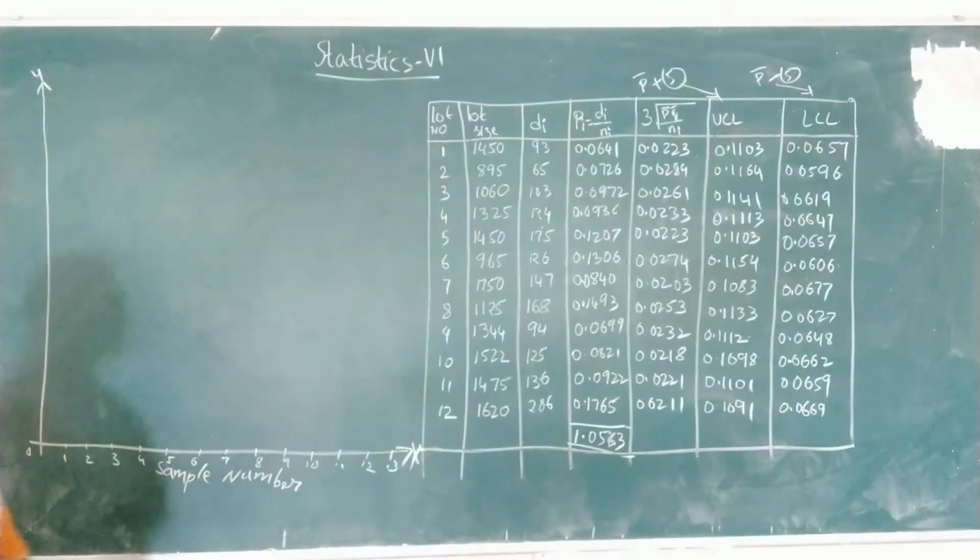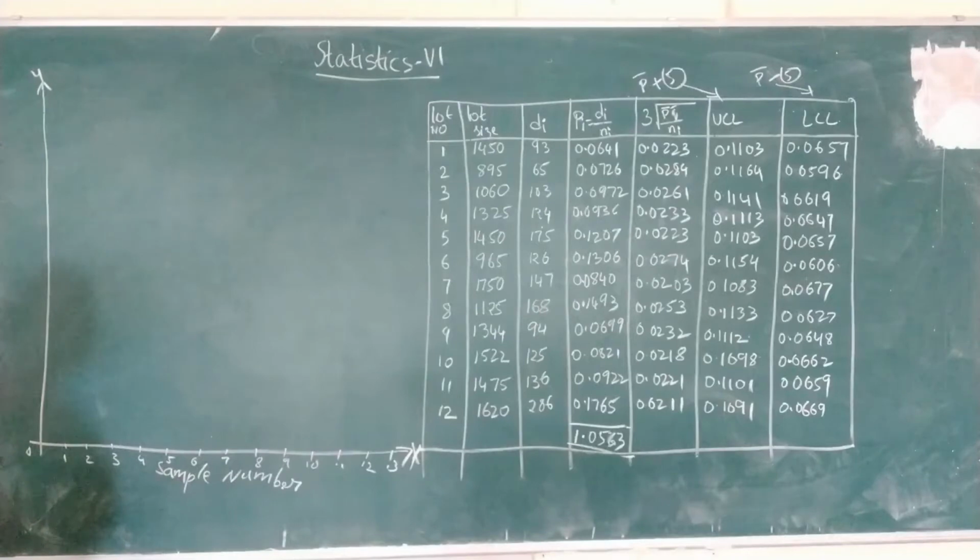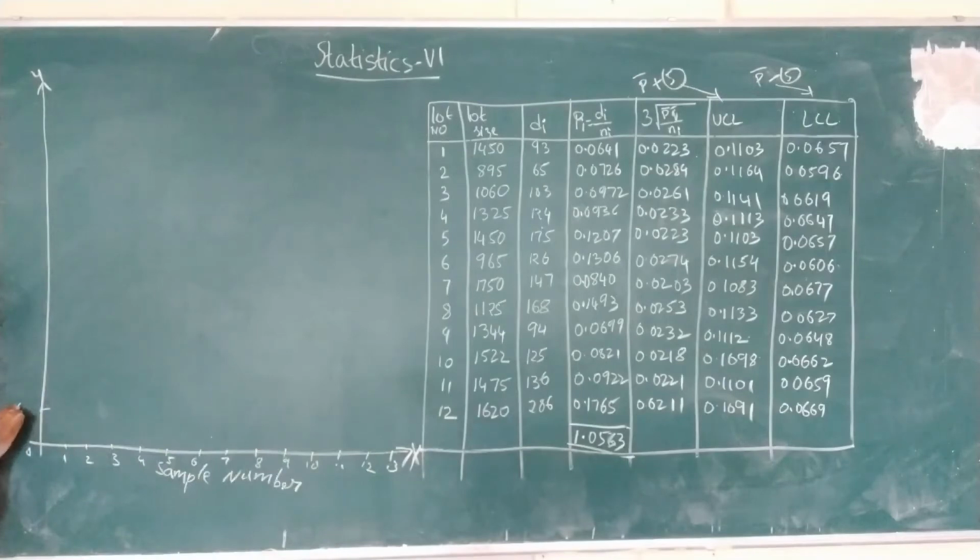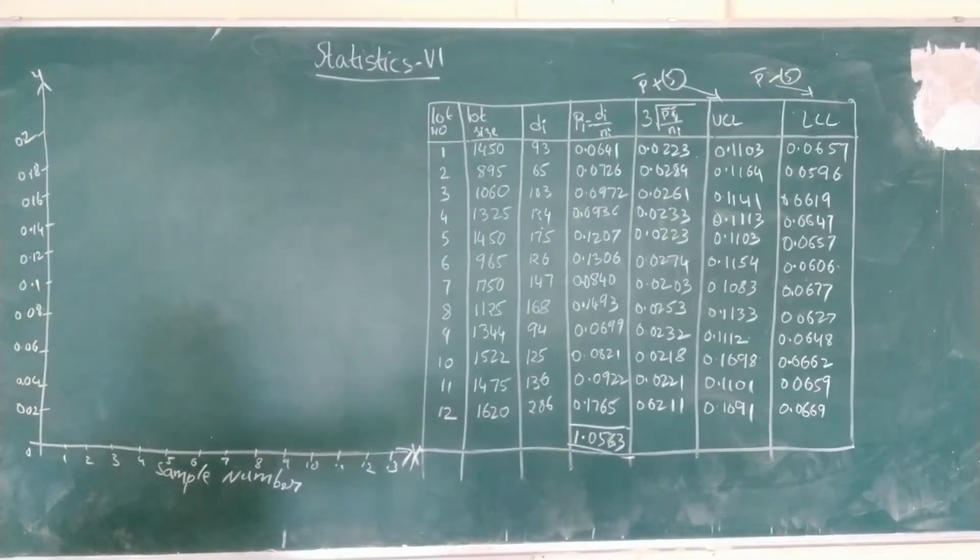So here I will take the scale as 0.02: 0.02, 0.04, 0.06, 0.08, 0.1, 0.12, 0.14, 0.16, 0.18. Since you have values up to 0.17, 0.18 is enough. I took the values up to 0.2.